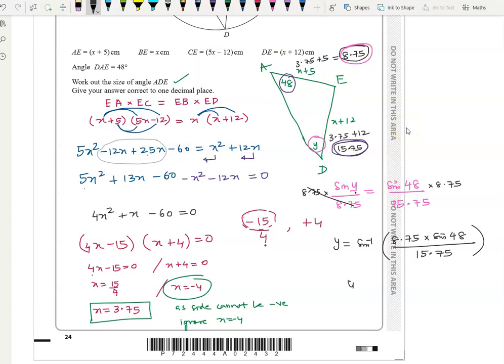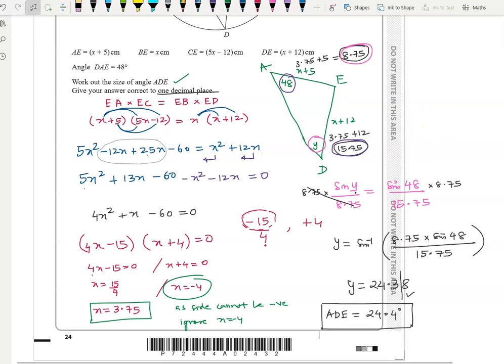So the value of y is 24.38. It says round the answer to one decimal place, so I want only one digit after the point. So my angle ADE is 24 point. The next digit is 8, which is strong, so add 1, so it will become 24.4 degrees as your final answer. Okay, so that's it for this question number 24.